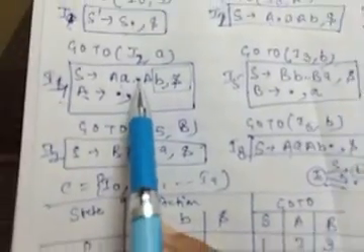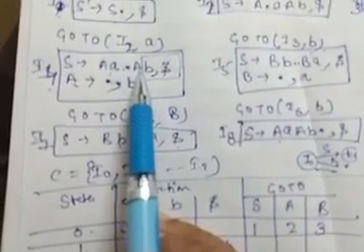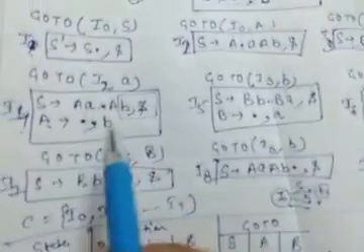Now come to I4. In I4 we are seeing that after dot there is a non-terminal, so we will find I4A. I4A is I6, so corresponding to A it will be 6.